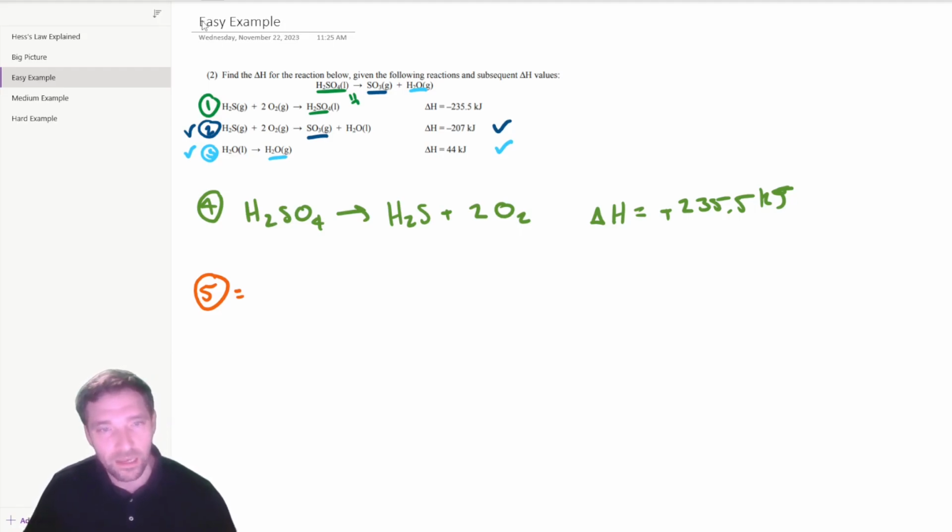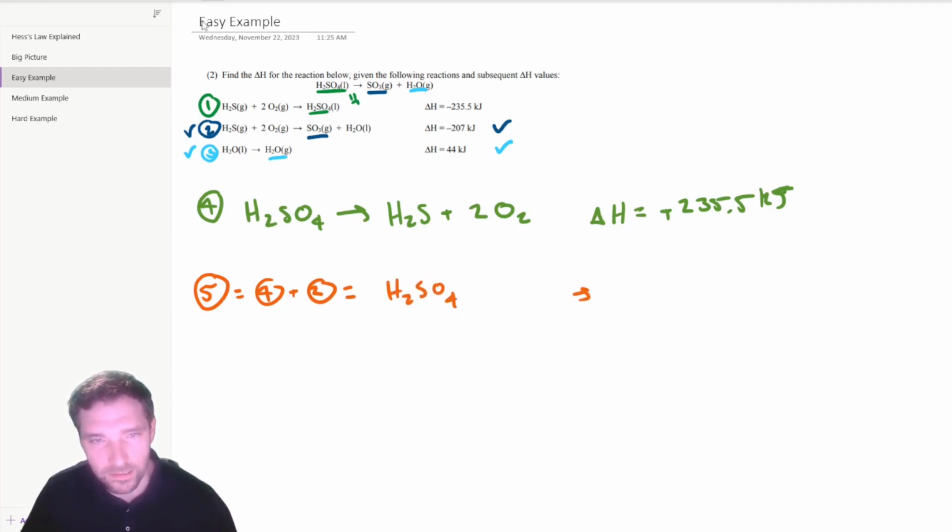So we've got the H2SO4, that's one of our reactants. Then we're combining that with line 2, so we have the H2S plus 2O2, and that's all of our reactants. We've got that, that, and that all taken care of.